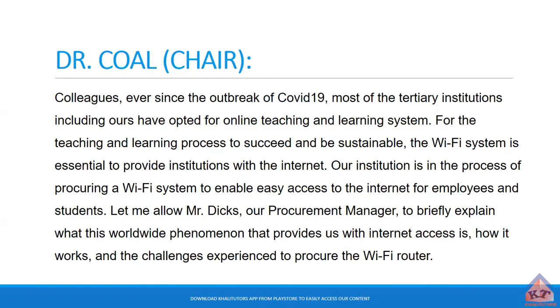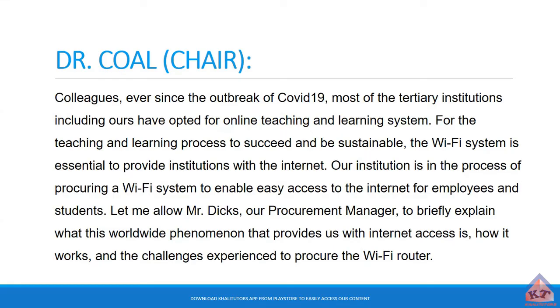It reads as follows. Colleagues, ever since the outbreak of COVID-19, most of the tertiary institutions, including ours, have opted for online teaching and learning system. For the teaching and learning process to succeed and be sustainable, the Wi-Fi system is essential to provide institutions with the internet.